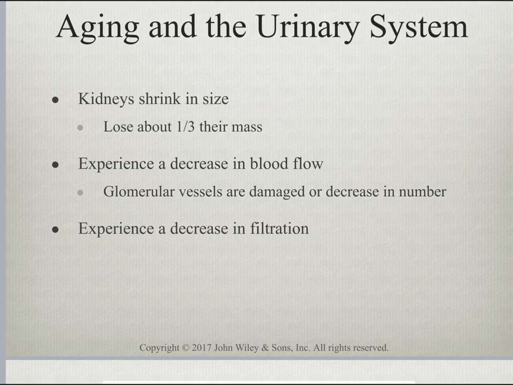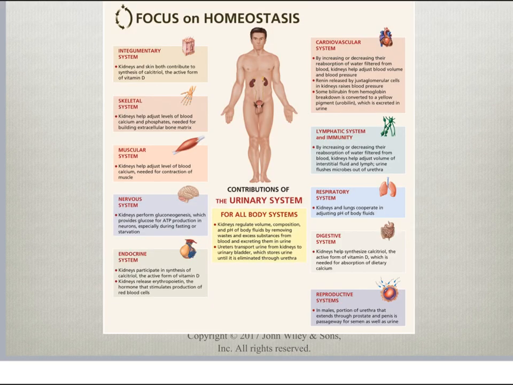Our last slide that we talk about is going to have our focus on homeostasis, how the urinary system contributes to all body systems. So we look at our center board. Kidneys regulate volume, composition, and pH of body fluids by removing wastes and excess substances from blood and excreting them into the urine.